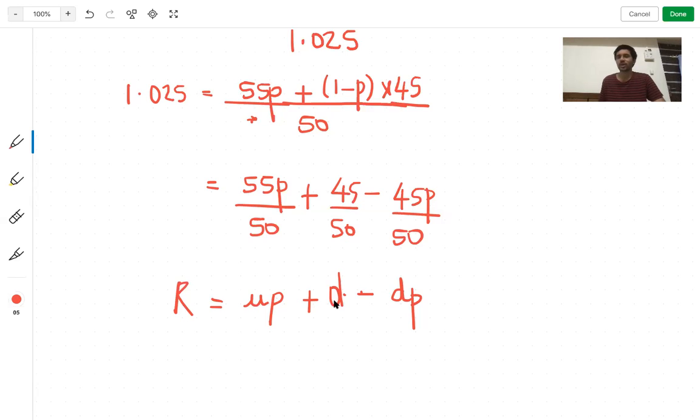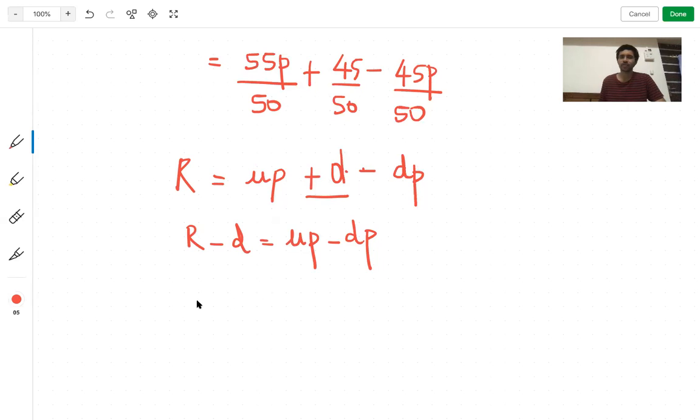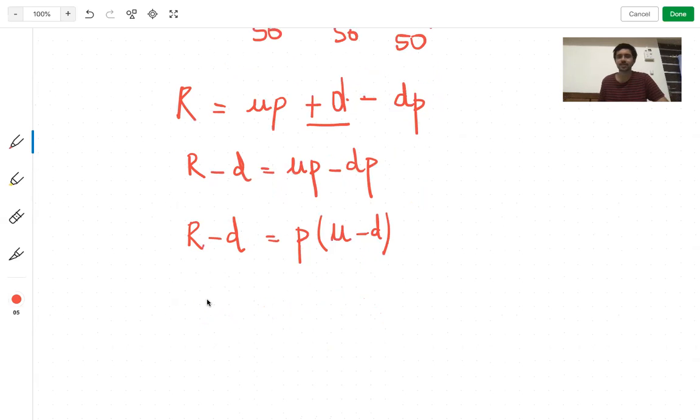What I then do is move this plus D to the LHS to get R minus D equal to UP minus DP. Now, taking P common, I get U minus D. And then the next step will obviously be P is equal to R minus D divided by U minus D, by bringing U minus D onto the denominator.